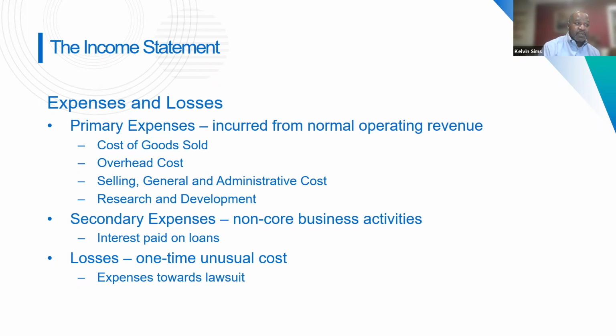You needed it to keep your business going or to purchase something to help the business, but it's not one of your core activities for the business to run. Your losses are one-time unusual costs, like expenses towards a lawsuit, that would cause you to lose money that, number one, you probably didn't plan on in your budget. That is just something that came upon you that you had to take care of.